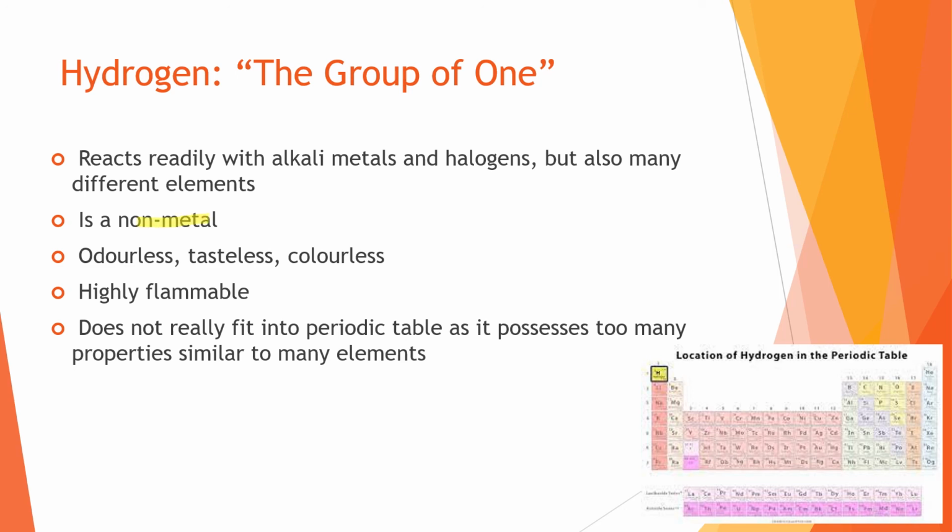It's also odorless, tasteless, and colorless, which are our physical properties of odor, taste, and color. And then it's also highly flammable. Okay, so it's combustible. It has the ability to burn. Okay, and it does not really fit into the periodic table as it possesses too many properties similar to many elements.